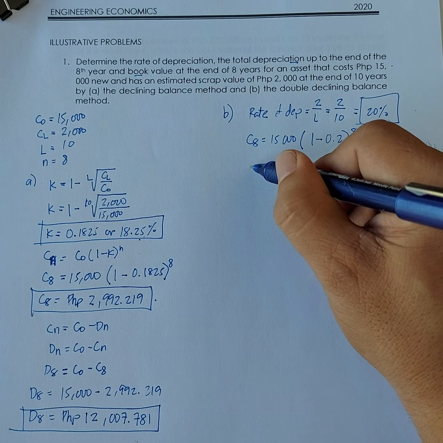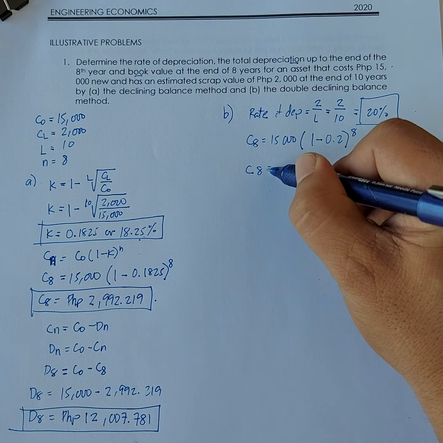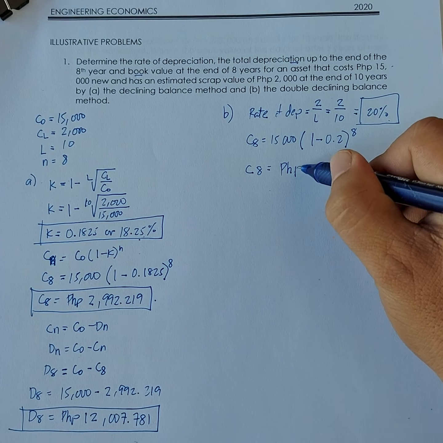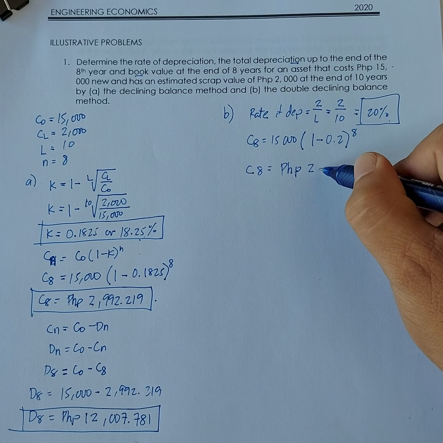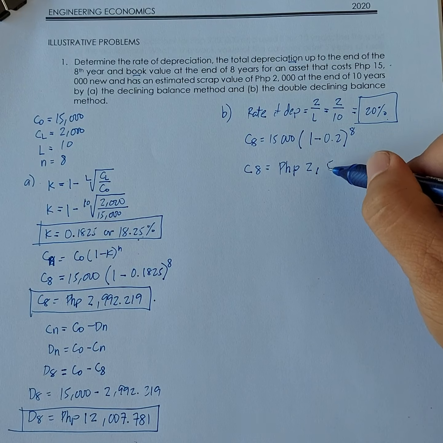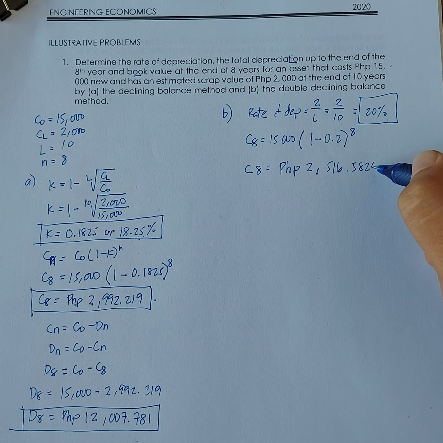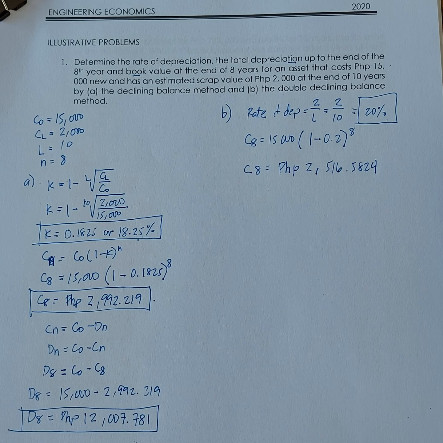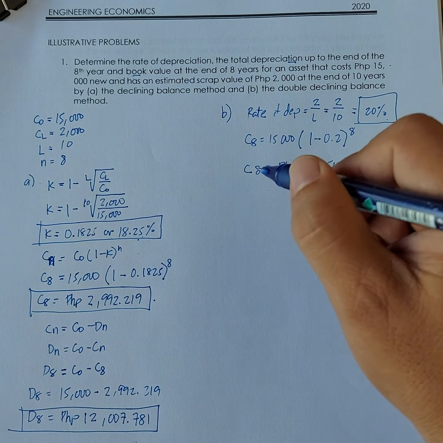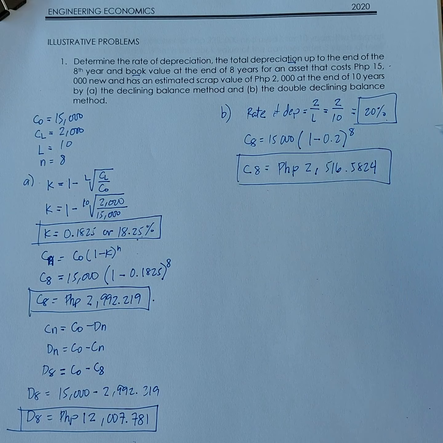So the book value on the 8th year is equal to 2,516.5824. So that's the book value on the 8th year.